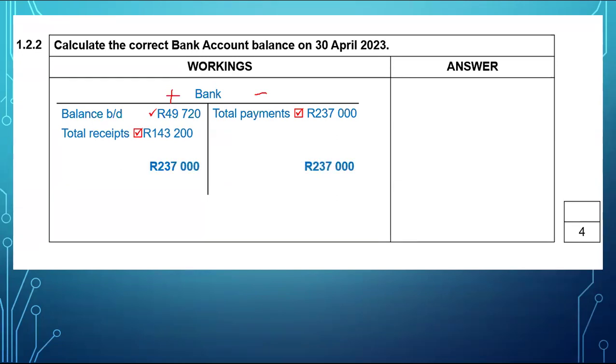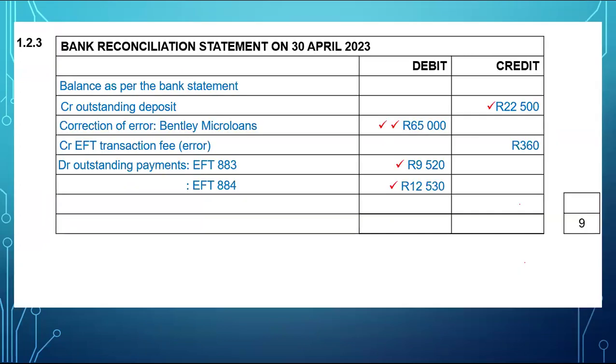So the debit side is short by 44,080, meaning that when the credit exceeds the debit, the answer is negative, which is a bank overdraft or an unfavorable bank balance.